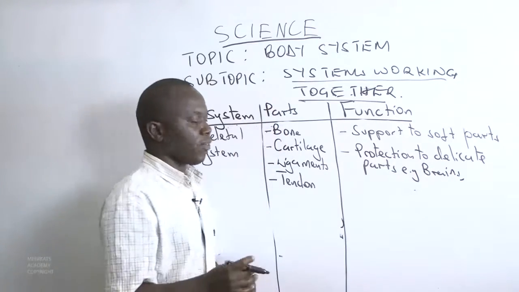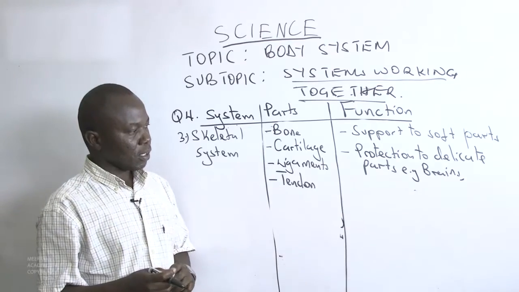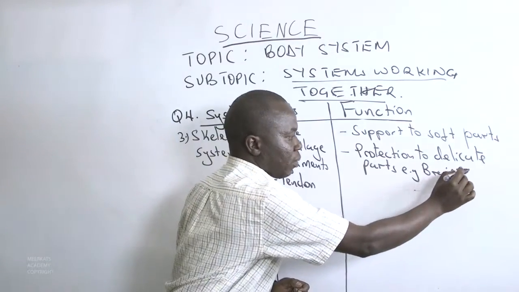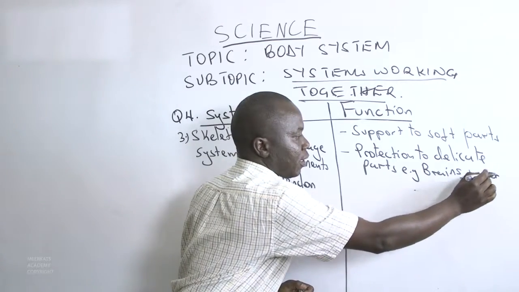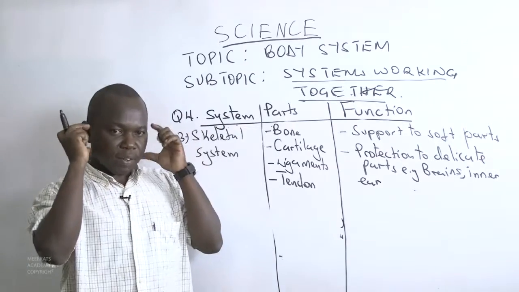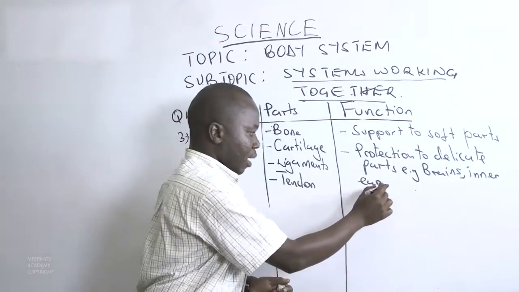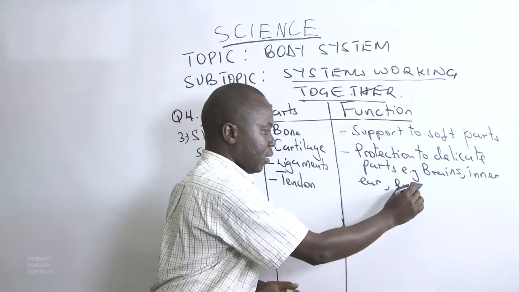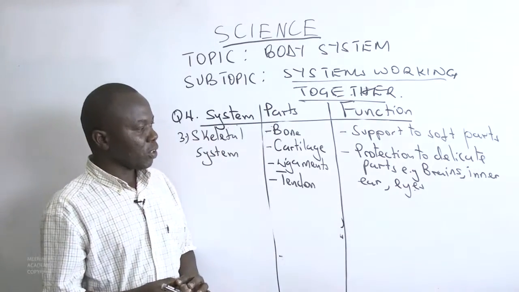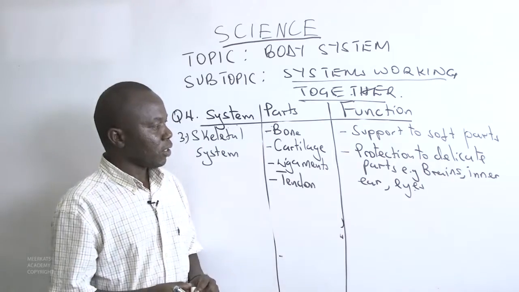Brains are found in the skull so that they can be protected from damage. We have the inner and middle ear. Our ears are found in the skull. Our eyes are found in the skull in points called the eye socket.